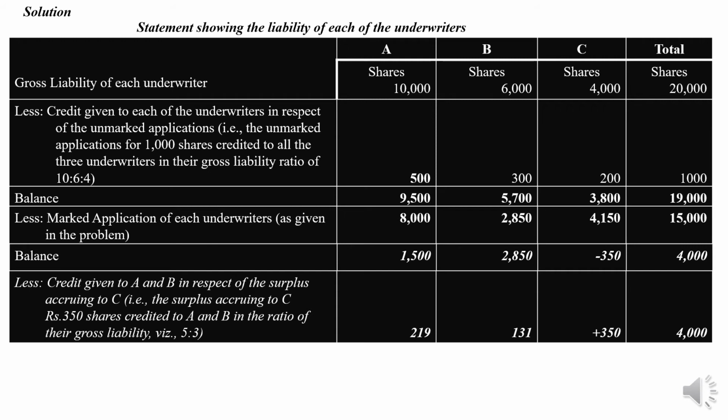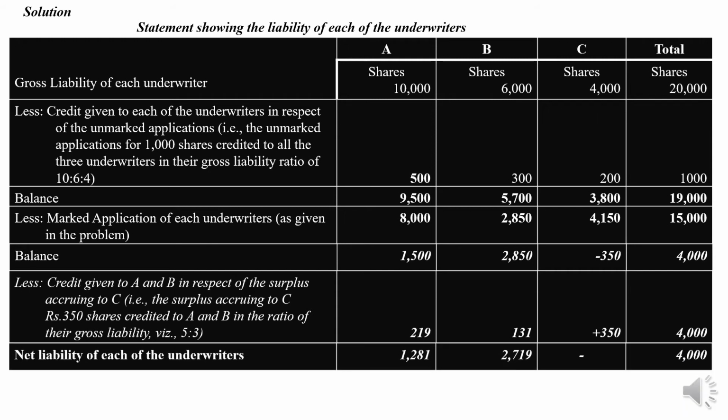That means this has to be deducted so that the balance becomes, look here, 1,281, that is 1,500 minus 219, and here 2,850 minus 131, and here it is 0, and the total balance will be the same. That is, if you add these two, it becomes 4,000 only. That is the net liability of each underwriter.